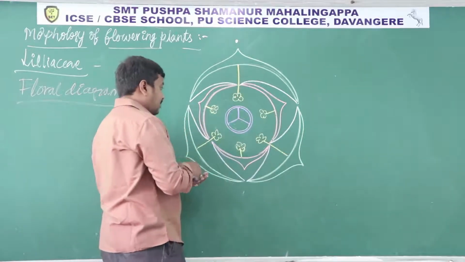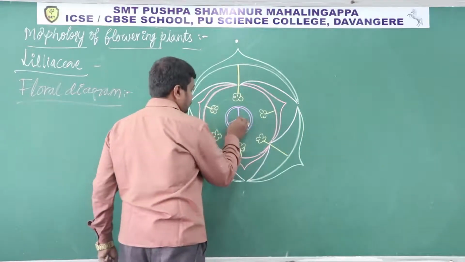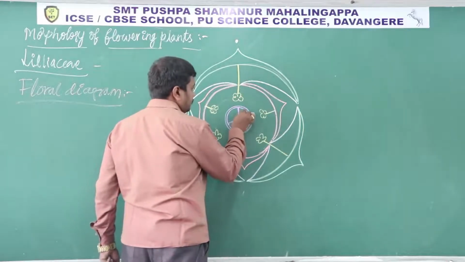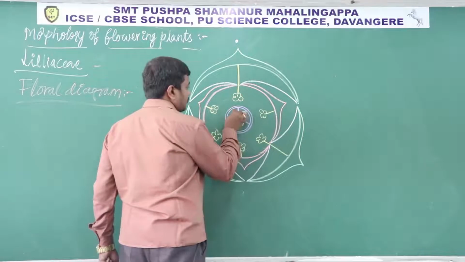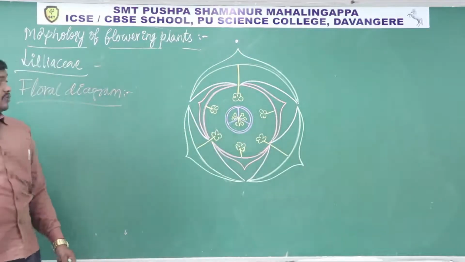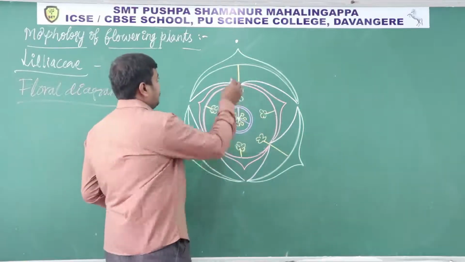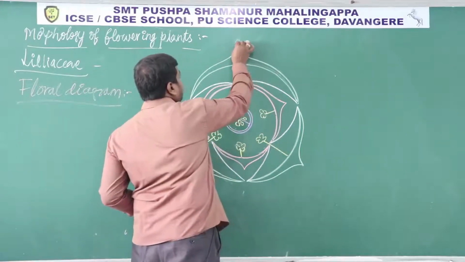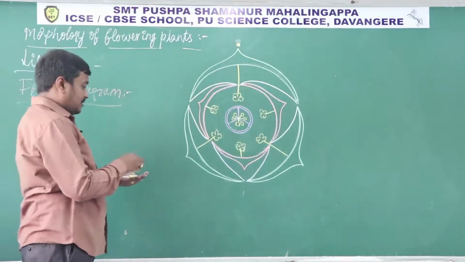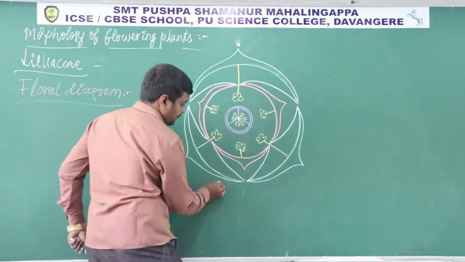And ovules on axial placentation. So these are the ovules which are attached to the axis. So it is axial placentation, and this is the axis. Okay, so main axis, and it has a bract. Okay, so bracteate.